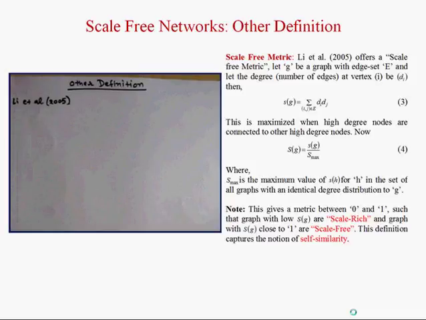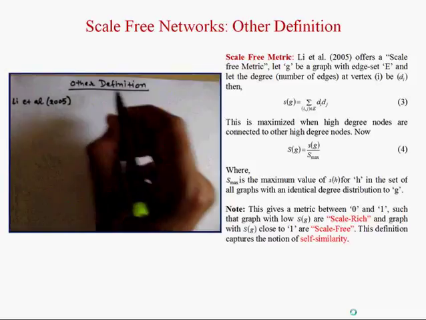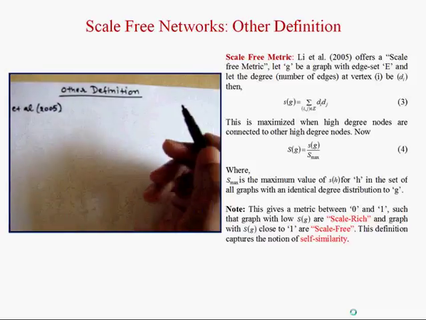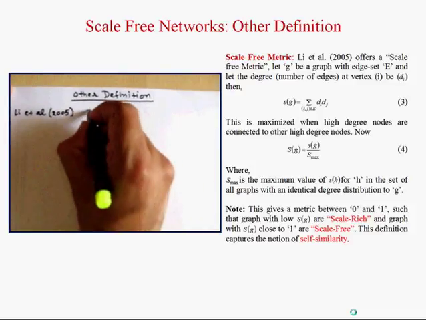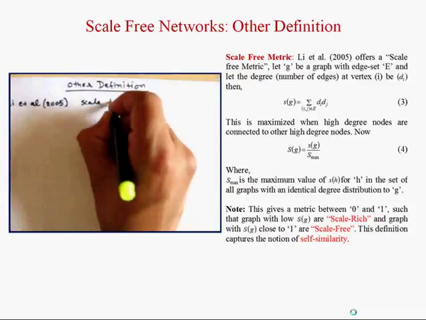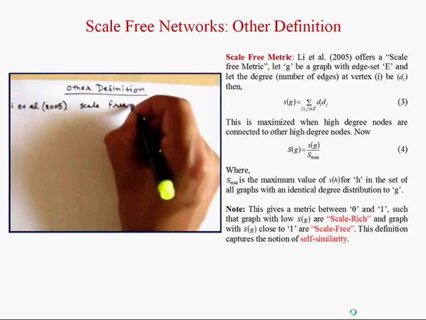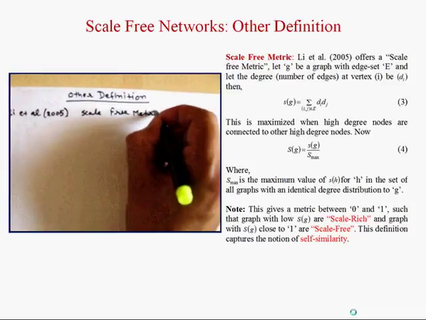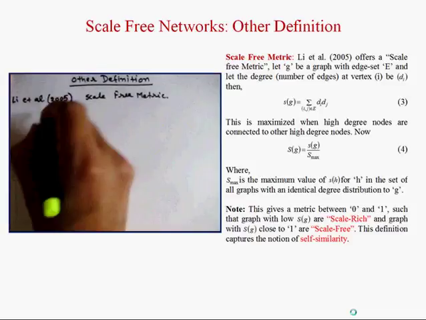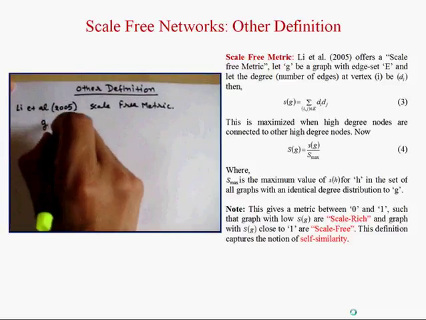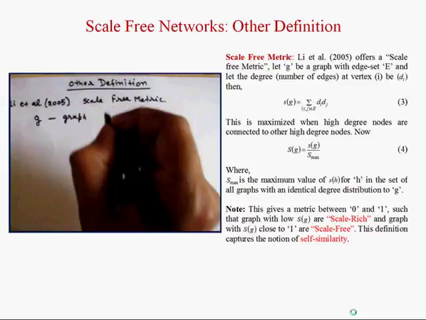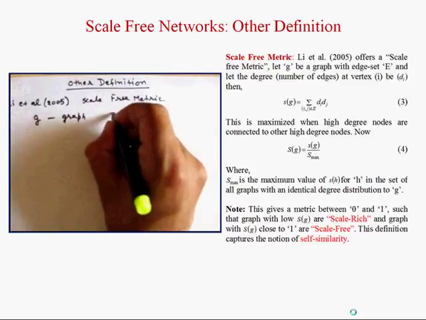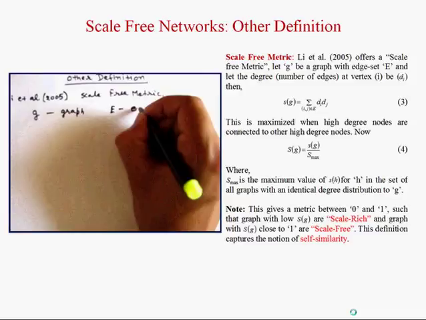Other definitions of scale-free network. Lee et al. 2005 offer a scale-free metric. Let G be a graph and E represent the edge set.